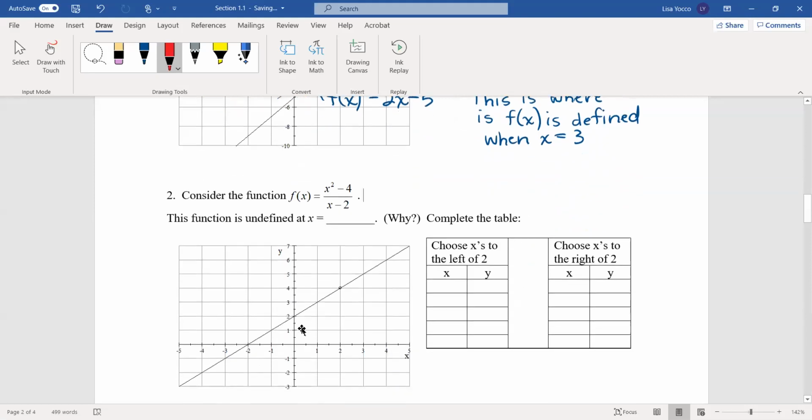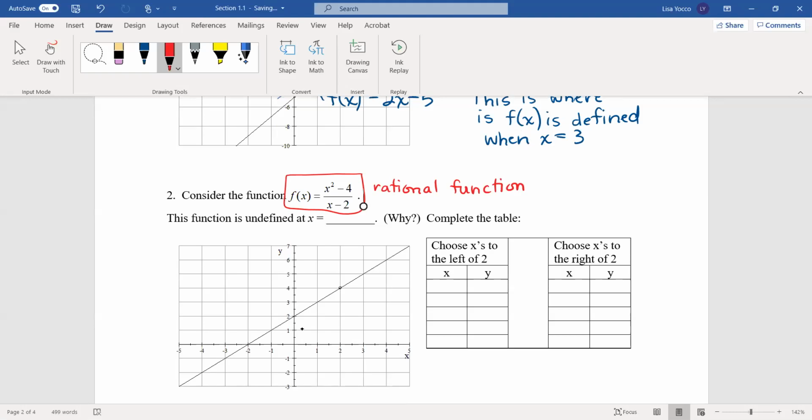Okay, now we're looking at, you might remember me talking about rational functions and the fact that those are typically one of the more difficult cases of everything that we do, starting right away with limits. All right, so we're looking at this function. As I mentioned, that one's called a rational function because it's a fraction.